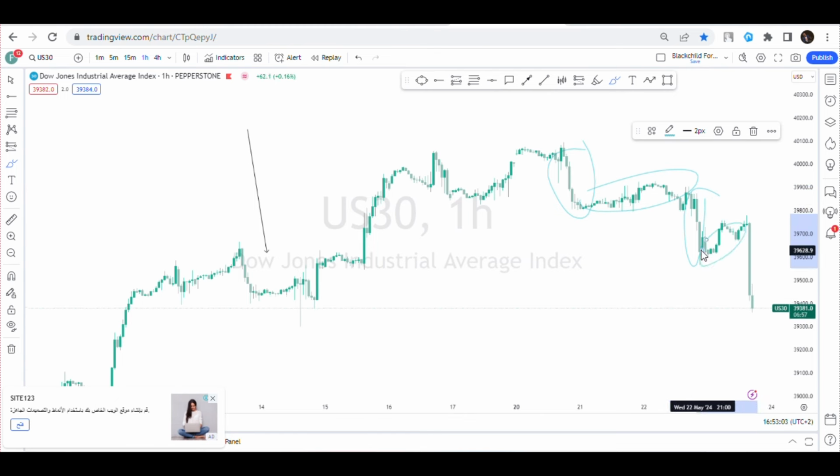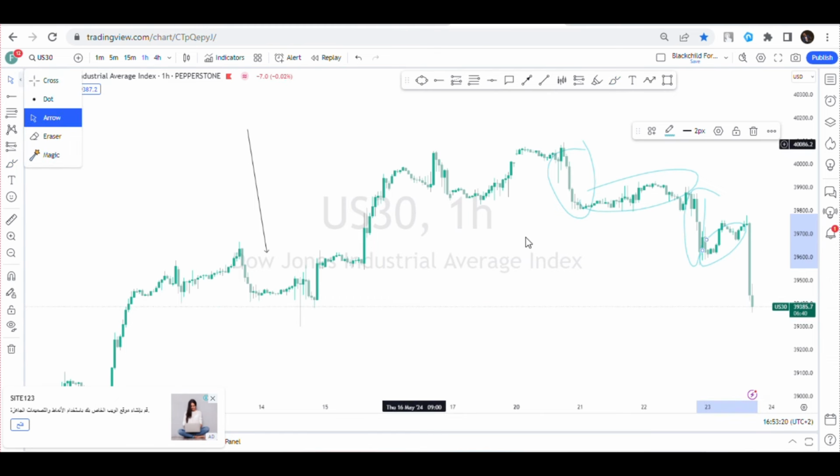That's a collection. So what would you be expecting after a collection? Another impulse. Then why are you not taking the trade, bro? Come on, let me show you how I was able to take this trade in detail. But I've just showed you the impulse, the collection, the impulse, the collection. The market will always move in those cycles, in those phases.